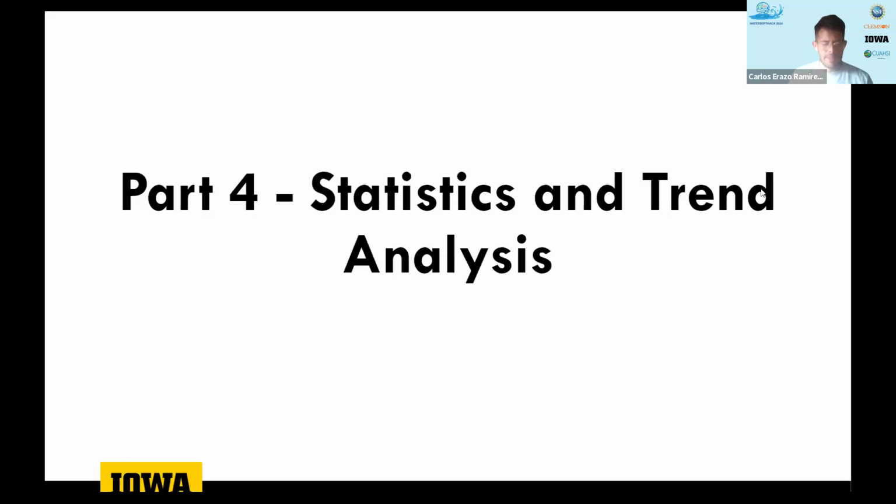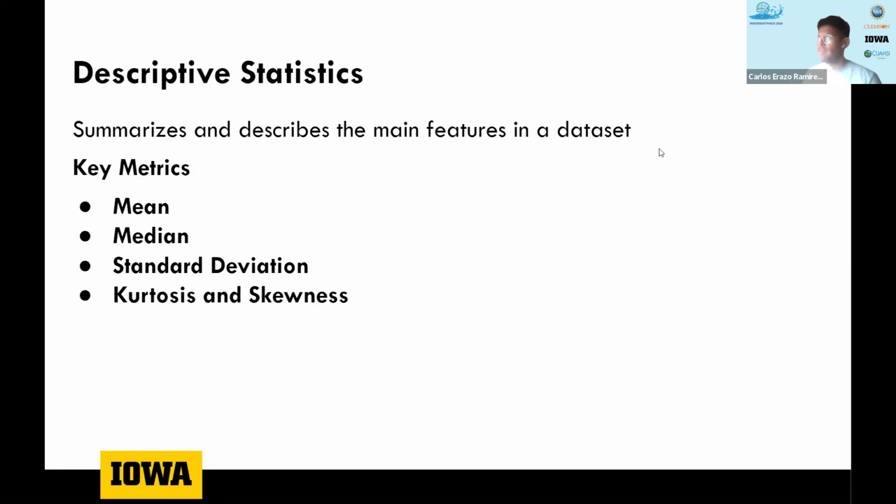Okay, I'll start with the statistics and trend analysis part. What does that look like? Descriptive statistics are about summarizing information from the data that we're getting and describing the main features in a data set. Here I mentioned some of the key metrics: the mean, median, standard deviation, kurtosis, skewness.